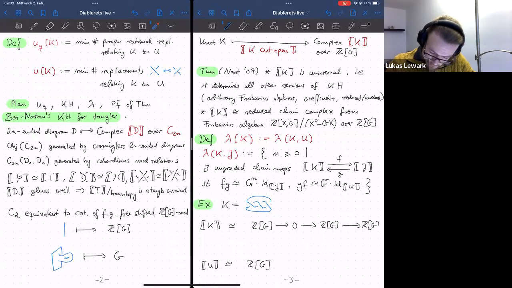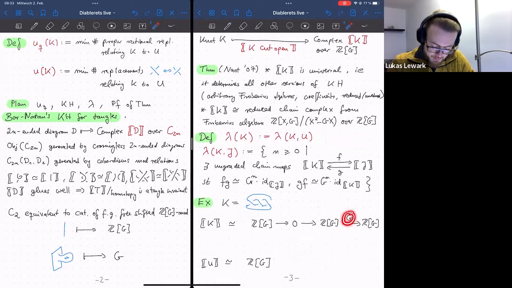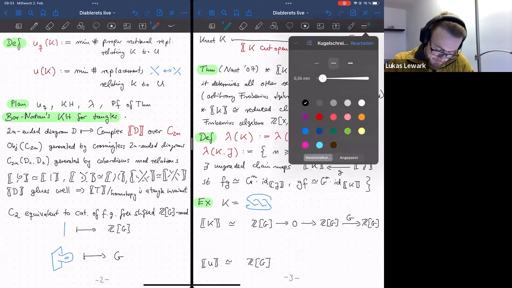And here the differential is G. So this might be unfamiliar to you even if you know Khovanov homology well, but just see that, for example, if I set G equal to 0, then I get the unreduced homology of the trefoil. That's not a coincidence. Okay, so let us now explicitly construct these maps F and G.